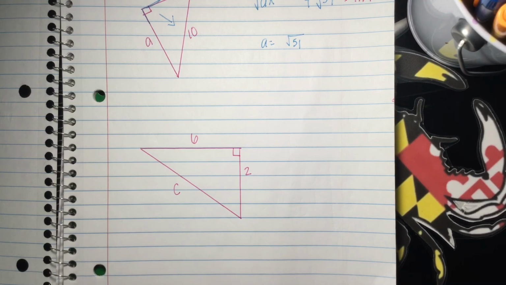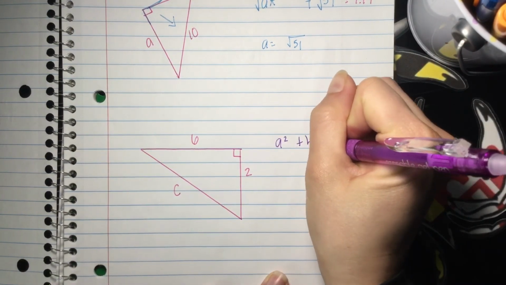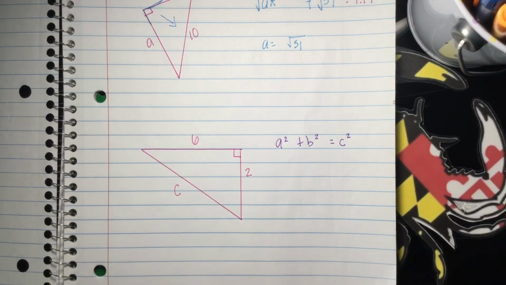I'm going to first start out with my equation. The Pythagorean theorem states that a squared plus b squared equals c squared. Now we want to find the hypotenuse first.